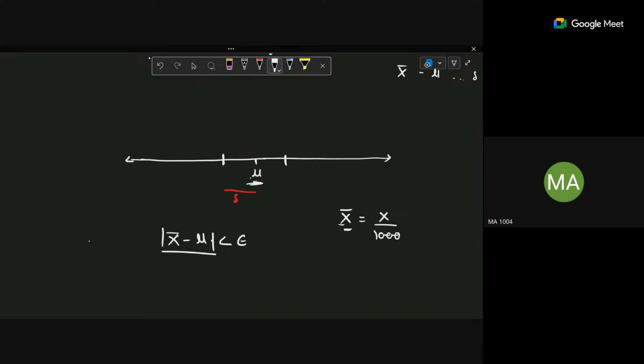So sometimes we say it should be less than epsilon. What does that mean? When we say X bar minus mu is less than delta, that means the difference between these two must be at most delta. That means if mu is lying here, my X bar should lie within this range only, right?